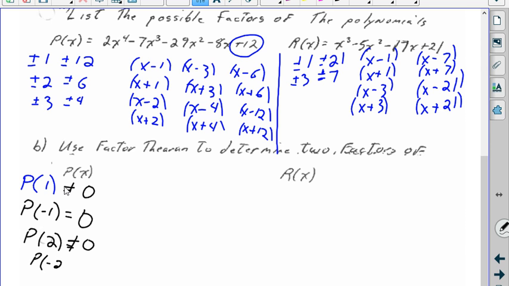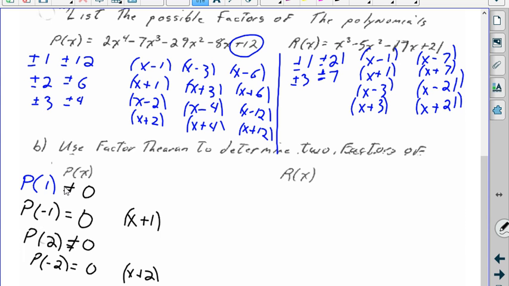P at negative 2 did equal 0. So the factors that are going to go in are x plus 1 and x plus 2. Now I could find a third, but I couldn't find a fourth in this case.